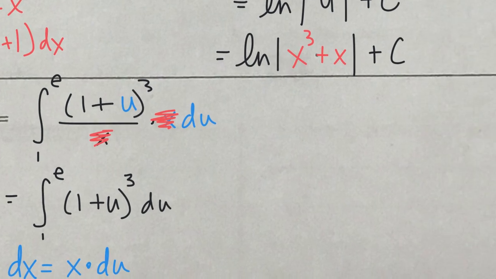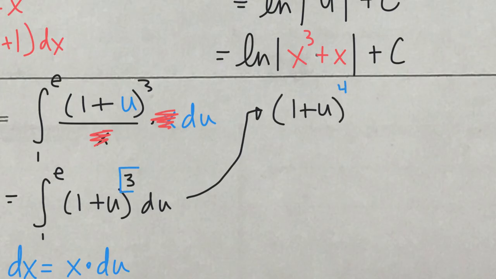Okay, so hopefully you are okay with the power rule of anti-differentiation. That would be 1 plus u raised to the 4th power. We always add 1 to our power when we anti-differentiate, and we multiply by 1 over that new power. So that is our power rule for antiderivatives.